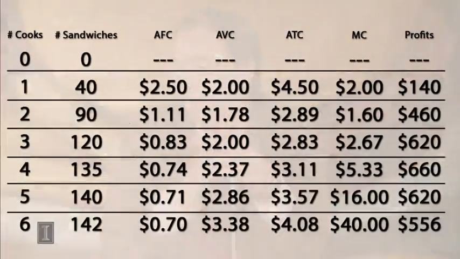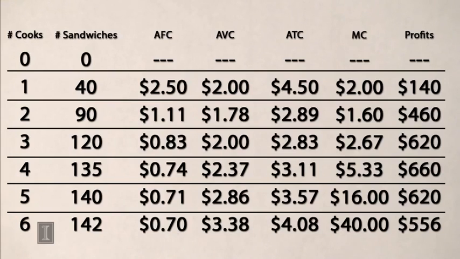So if you were using 5 cooks and you were making a profit of $6.20, if you wanted to increase your profits, you should get rid of that 5th person and increase your profit to $6.60. Now, how about if you were actually using 3 cooks and making 120 sandwiches? Well, you see that the actual marginal cost of the 135th unit was $5.33.